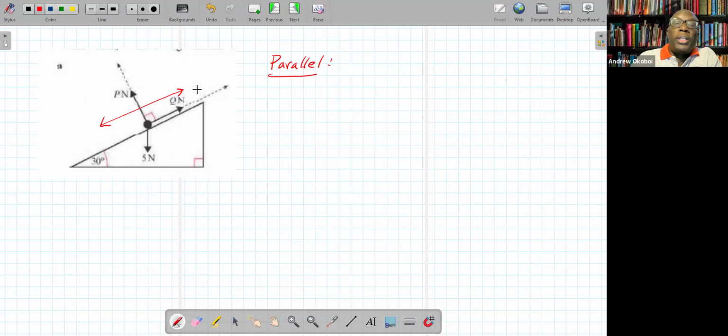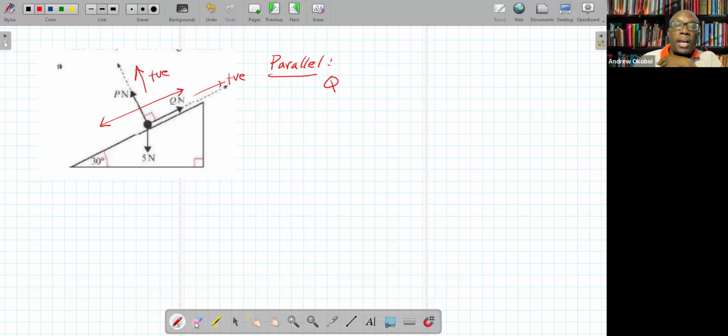Now, parallel to the plane means I'm doing this. Q is already parallel, and we usually take going up as positive. So it doesn't matter whether you're going up on the inclined plane, this is considered positive, and this is considered positive. So I'm taking Q as positive.